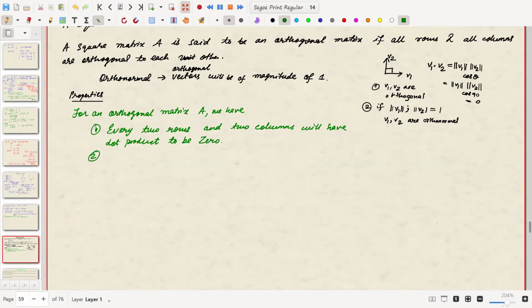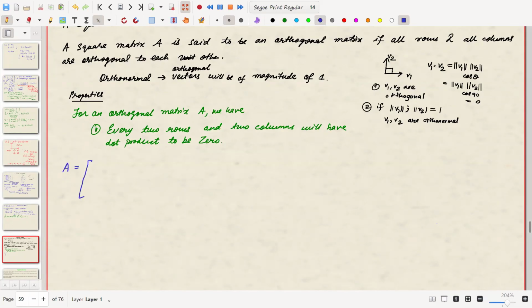What is the second? I think the second is not that essential for now. I think we can discard that. You can take only this as the statement. Now let us consider one example of a matrix and let me know if it is an orthogonal matrix. I'll write it down here.